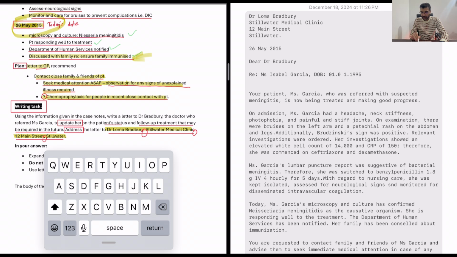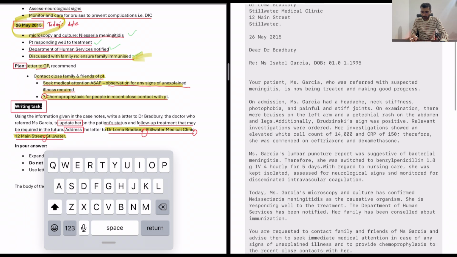On examination, there were bruises on the left arm and a purpuric rash on the abdomen and legs. Additionally, Brudzinski's sign was positive. Her investigations showed an elevated white cell count of 14,000 and CRP of 150. Therefore, she was commenced on ceftriaxone and dexamethasone.